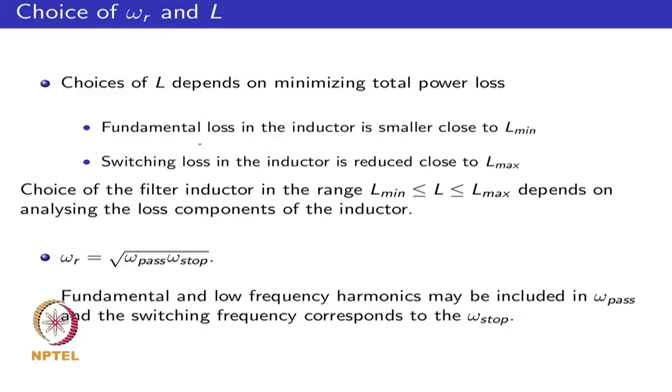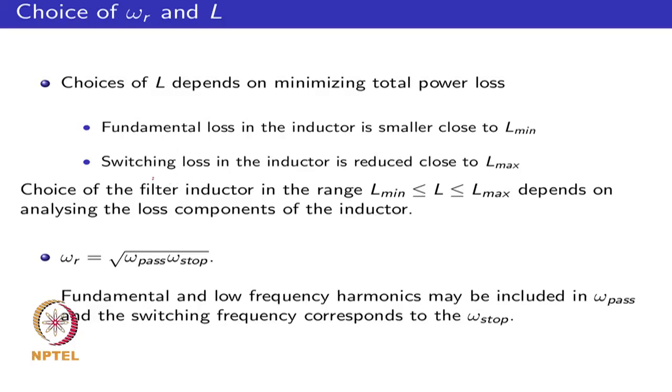The fundamental frequency power loss would increase with a larger inductance, because you need more turns, more length of winding, maybe a larger core. So the fundamental loss tends to increase, and it is desirable to operate closer to L min from the fundamental loss perspective.